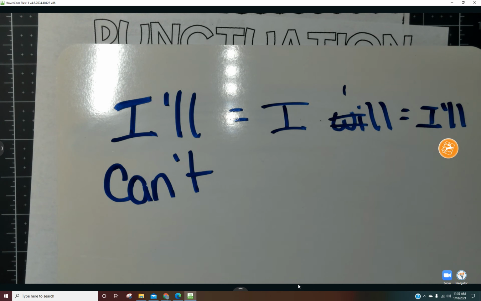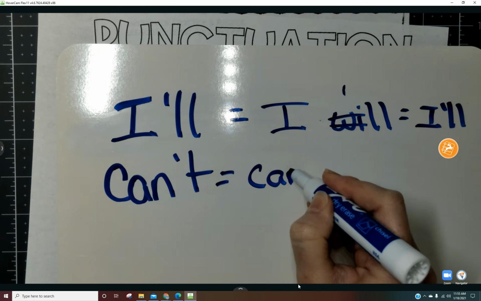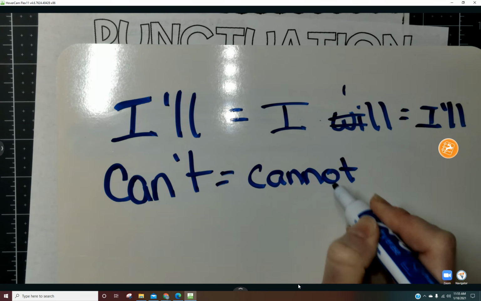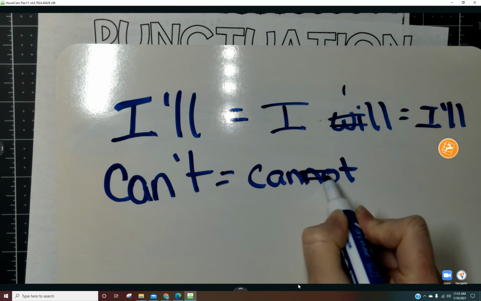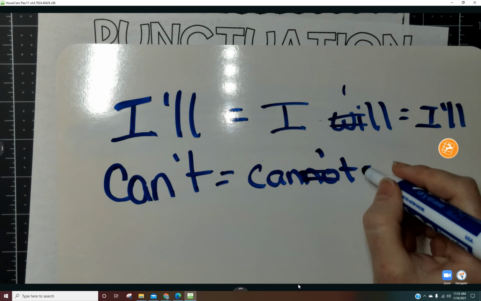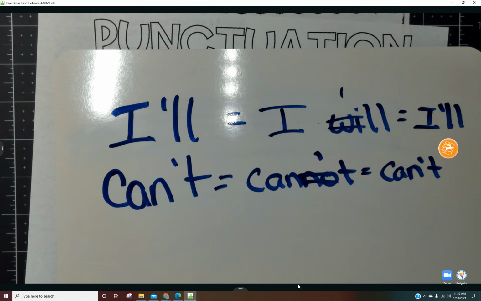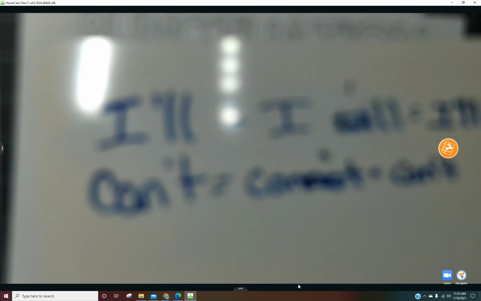That's a contraction. Can't stands for cannot, and we can replace the second N and the O with an apostrophe and we get can't. So instead of saying cannot, we shorten it to can't.